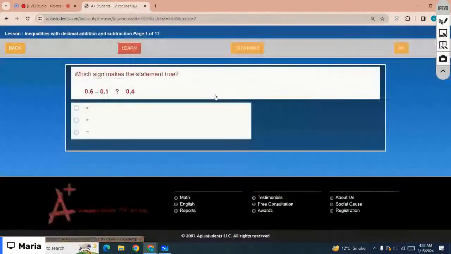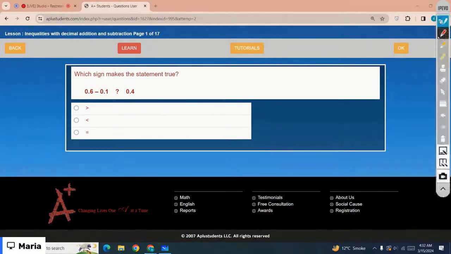So you have to see which sign makes the statement true, right? You have to solve the side where you are given the expression, like 0.6 take away 0.1, and then compare. So 0.6 take away 0.1 is 0.5. You have to put the sign here. So 0.5 is greater than 0.4.